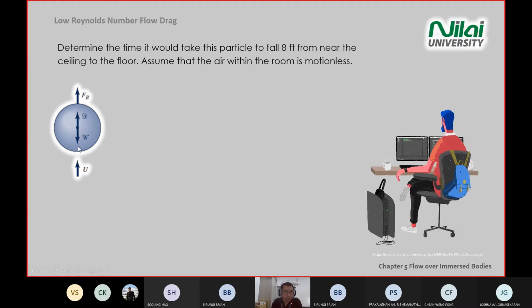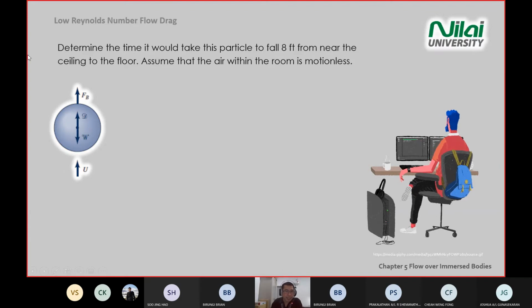The arrow will point up, right? The arrow will point up to represent the upstream velocity. And we assume that the body is stationary, right? Although we know that the particle is dropping, there's a relative perspective that we can assume that the particle is stationary while the flow is flowing from the bottom.